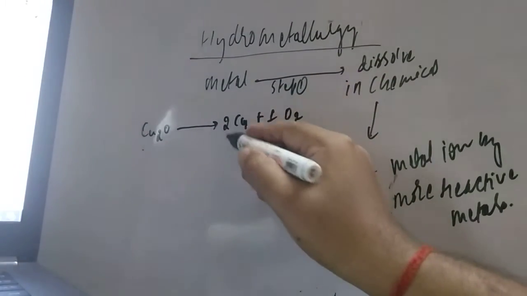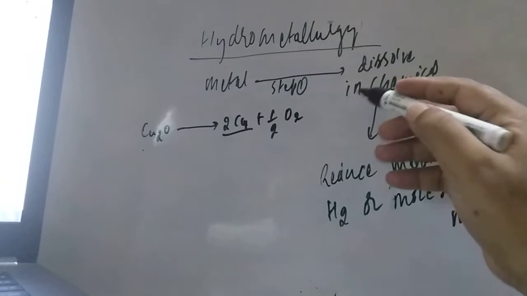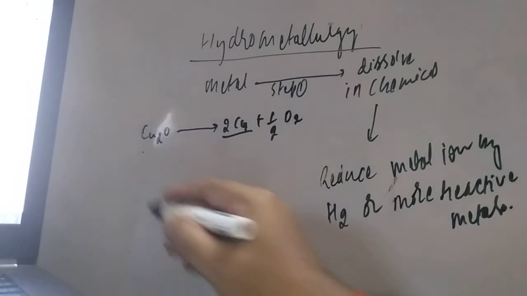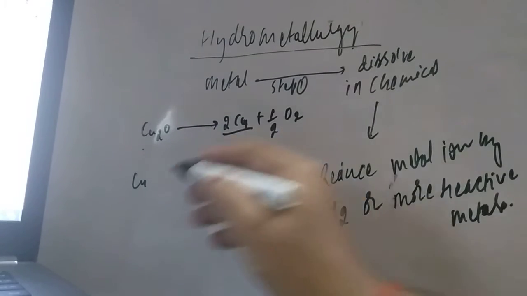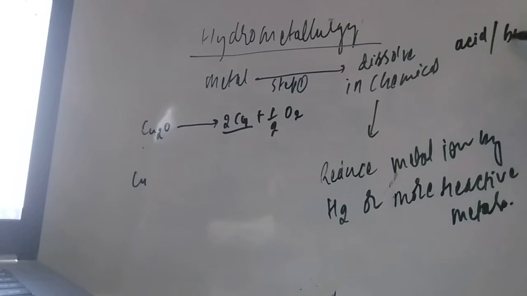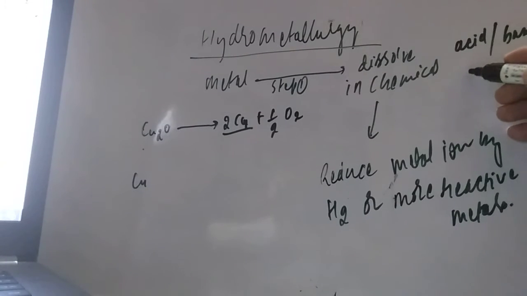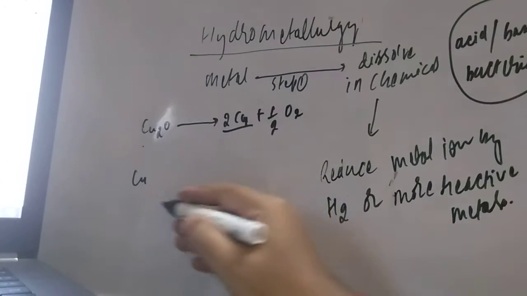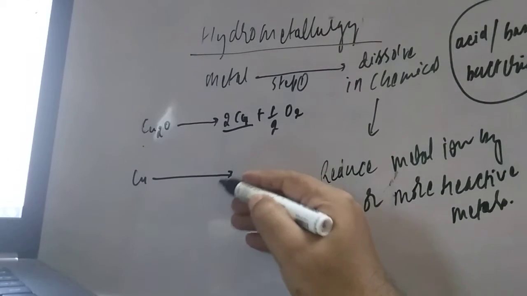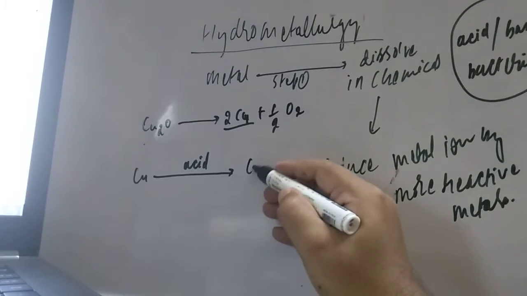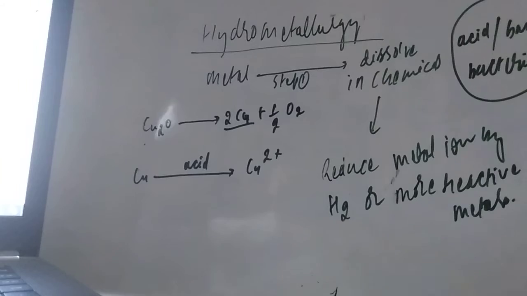This Cu you can dissolve in a suitable chemical: it can be an acid, or a base, or even bacteria, depending on what you are doing. So you take copper and dissolve it in acid.